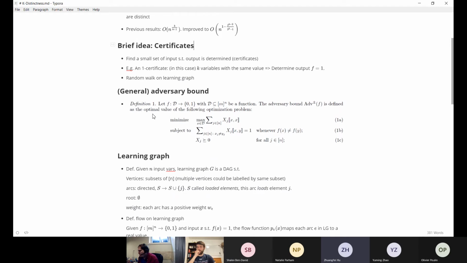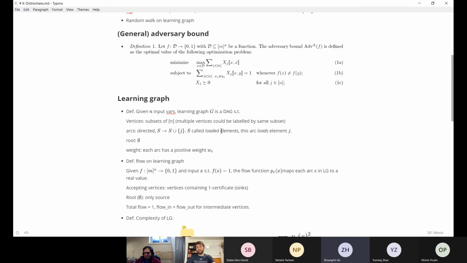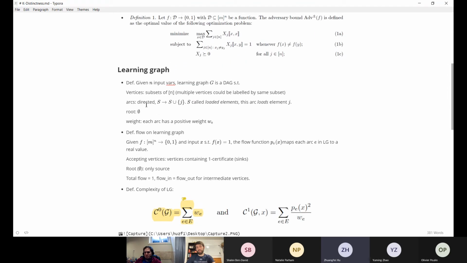And also, we come to the definition of adversary bound, which previous presenters have mentioned. Basically, we can change the problem of designing a quantum algorithm into solving semi-definite positive programs. By this definition, we will hope to minimize this value subject to these restrictions. And for this problem, we also utilize the concept of learning graphs.